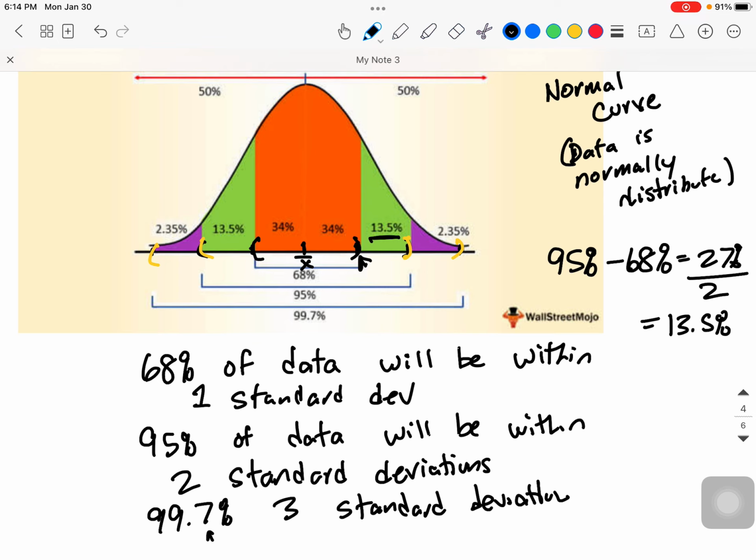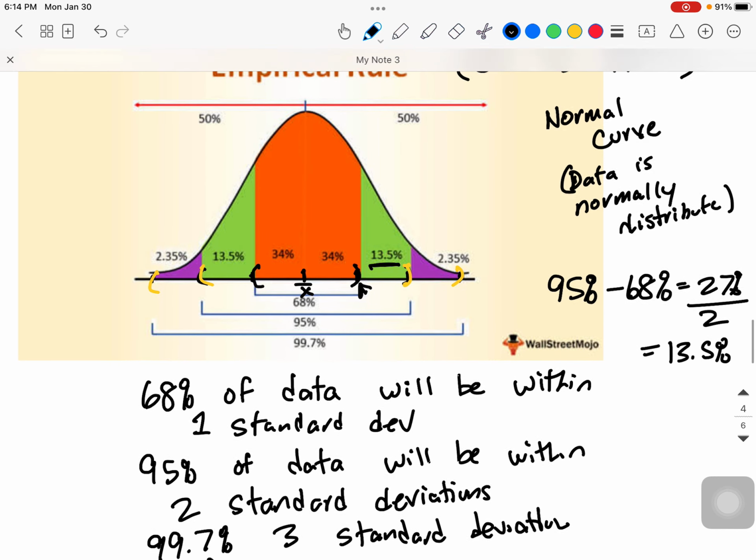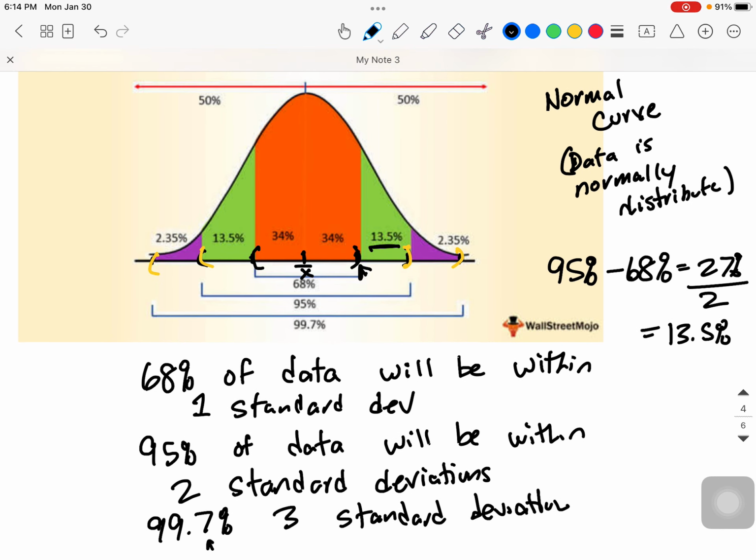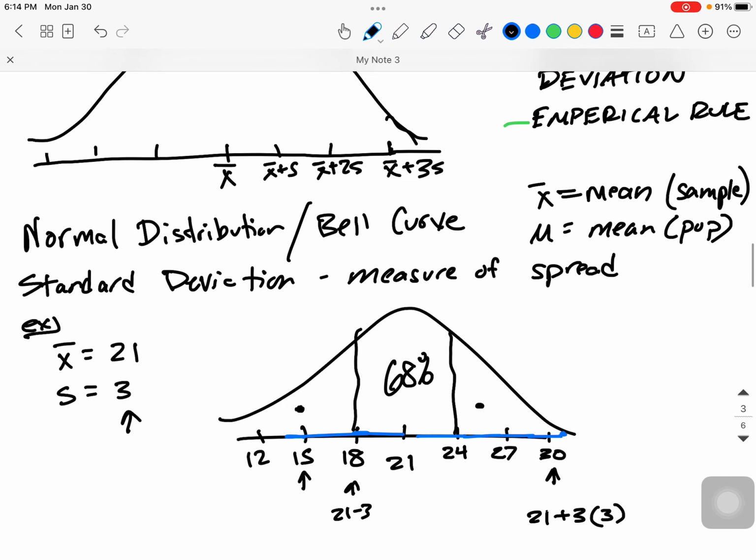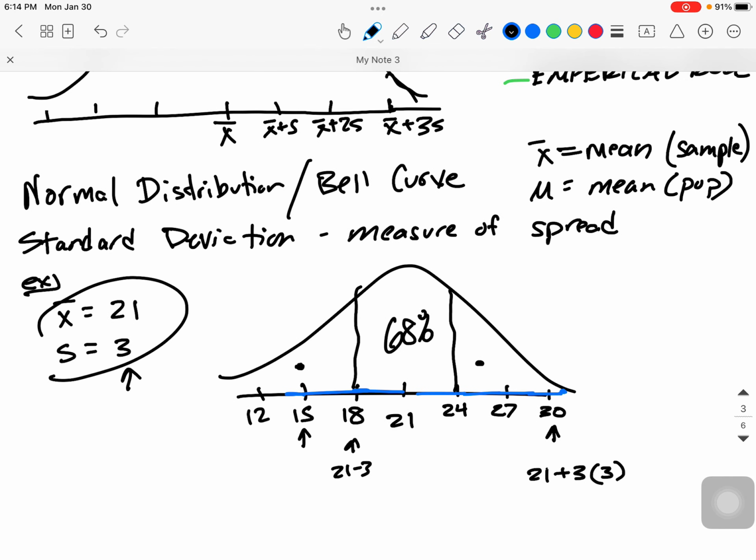So how is this going to be worded in a question? A lot of times in stats, you want to make conclusions that involve percentages. And so if you had only this information about a data set, but then it said, hey, what's the probability that a data value is above 24?